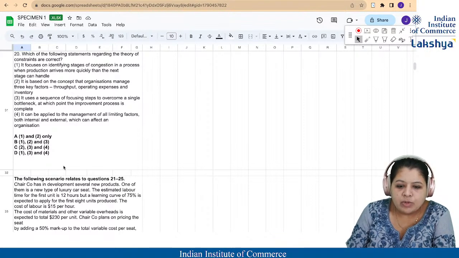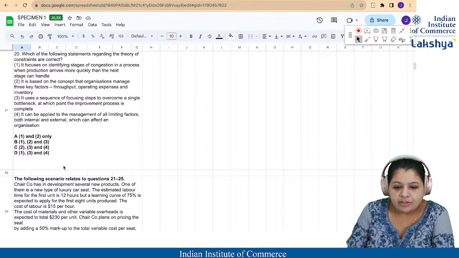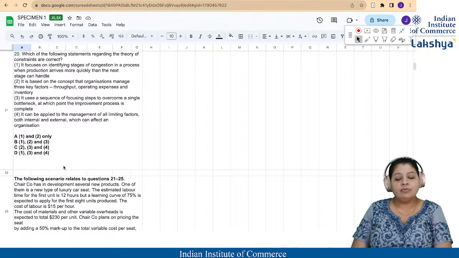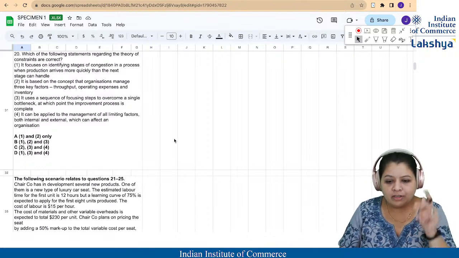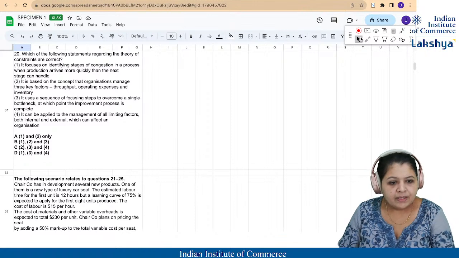It uses a sequence of focusing steps to overcome a single bottleneck, at which point the improvement process is complete, and it can be applied to the management of all limiting factors, both internal and external, which can affect an organization, right? So these are the four options for theory of constraints. As I said, to know this answer properly, you should know theory of constraints nicely.